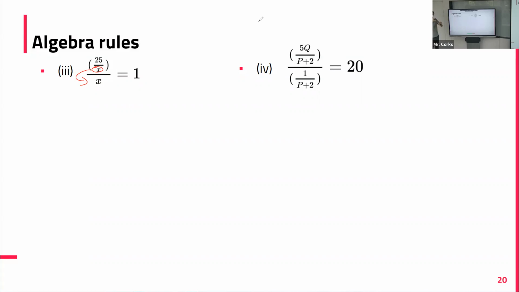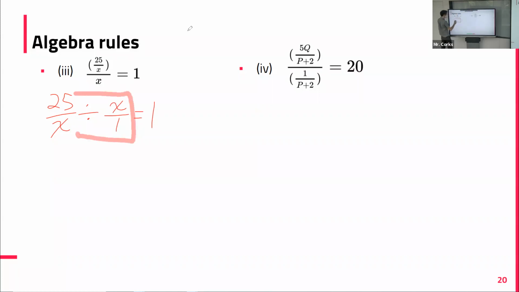Yeah, so I want to show all the steps clearly and not skip anything. Okay, so let's write that. So 25 over x divided by, here we have x over 1. Okay, good. So that's the idea here.